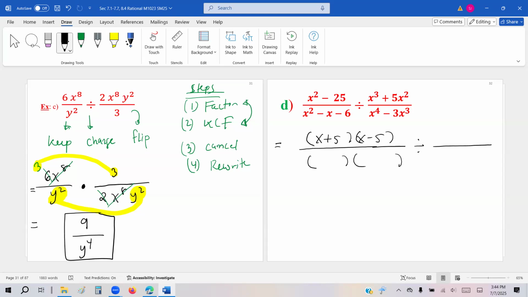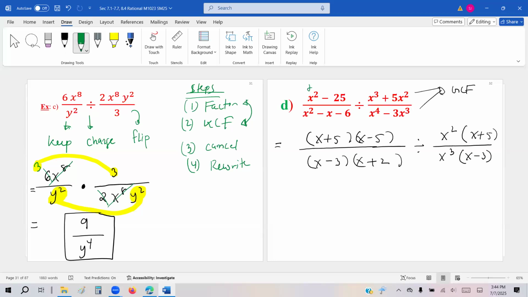And how about the denominator? x minus 3, x plus 2. And for the other side, GCF. So both of them are GCF. Perfect. So what can you factor out? For the numerator, the x squared. From x squared, what is left? x plus 5. x minus 3.